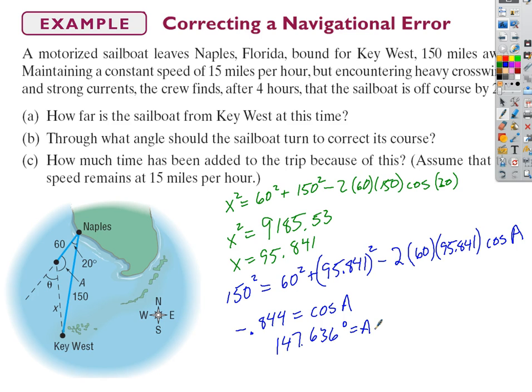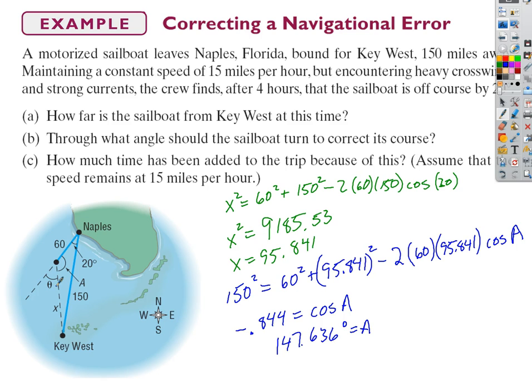So how can I find theta? Well, you can see this is a big giant straight line, and I want this theta right here. It's a straight line, so there are 180 degrees in it.